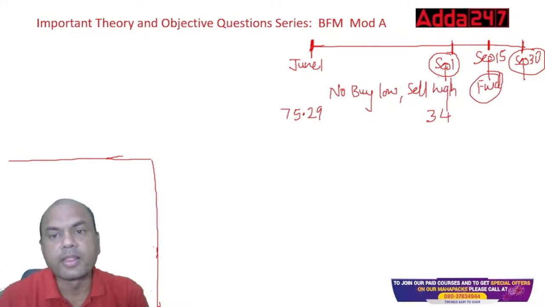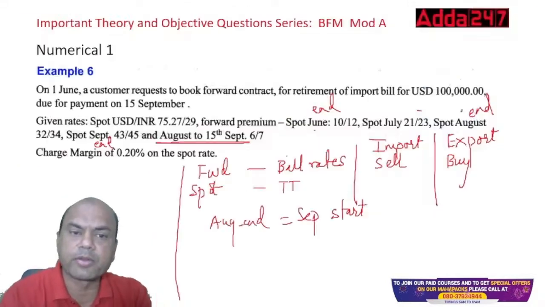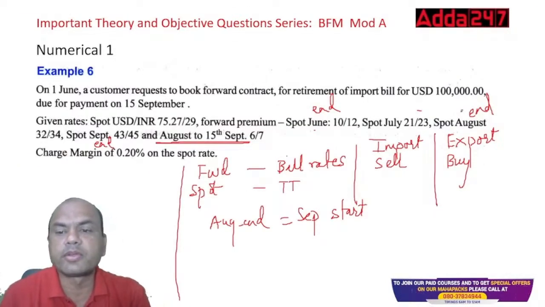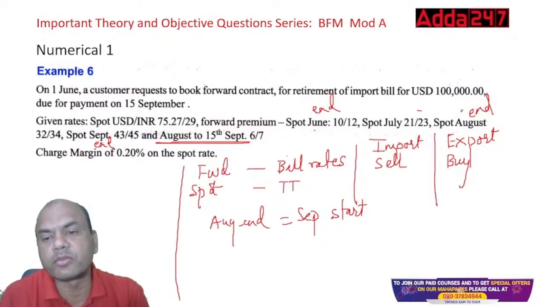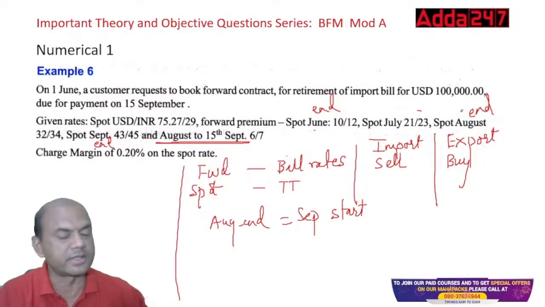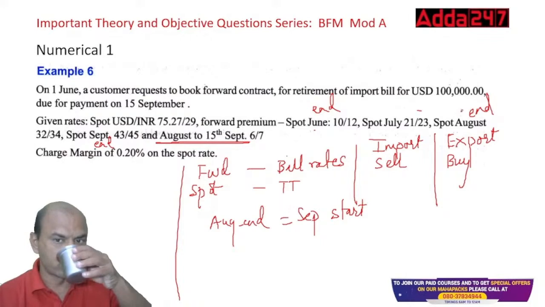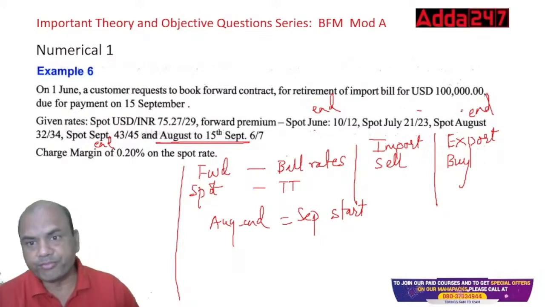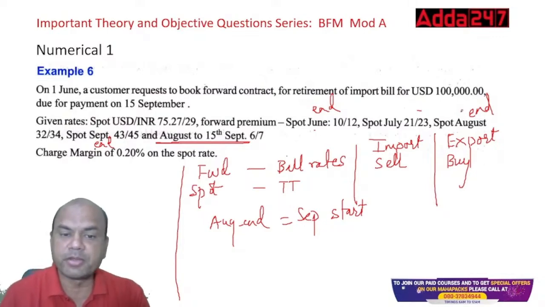Now tell me whether the currency is in premium or discount over here. Everyone type in the comment section: 10, 12, 21, 23, 32, 34. Is the currency in premium or in discount? It's in premium.